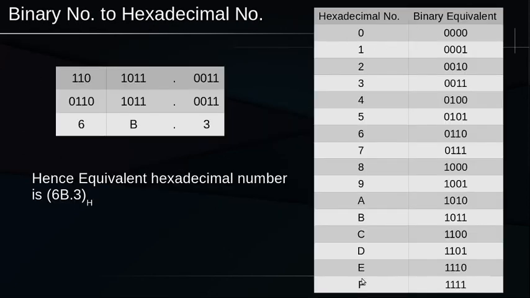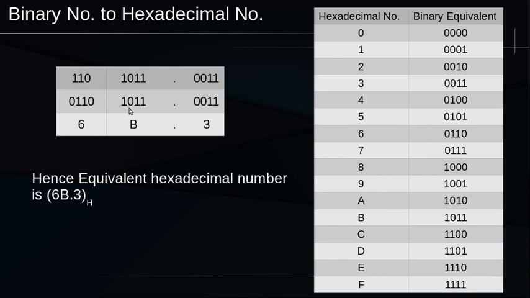And then we have to see this table, the hexadecimal and its binary equivalent number, and write the number below these binary numbers. So for 0, 1, 1, 0, here we find 6, so we write 6.